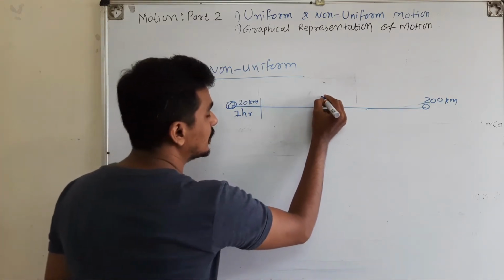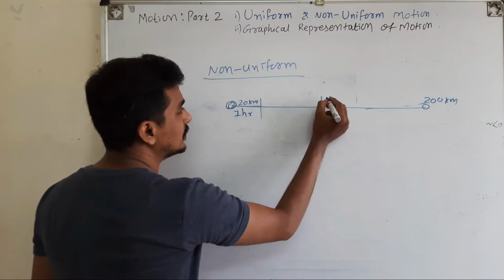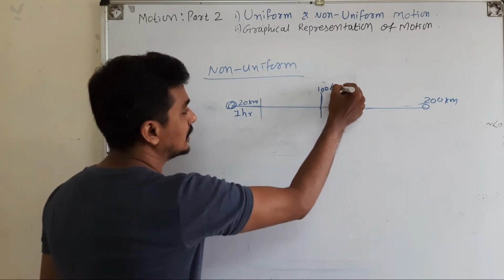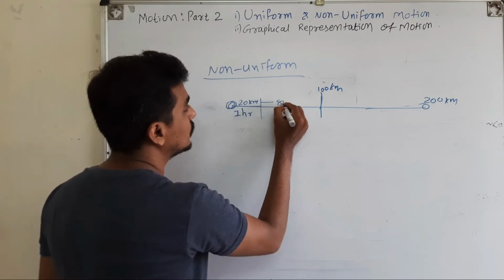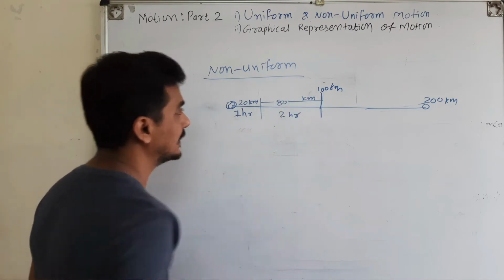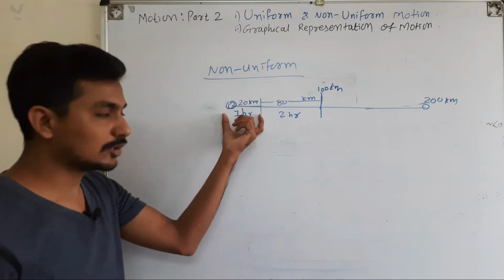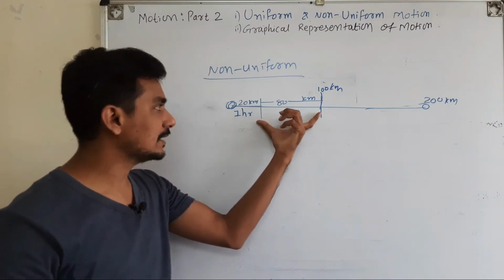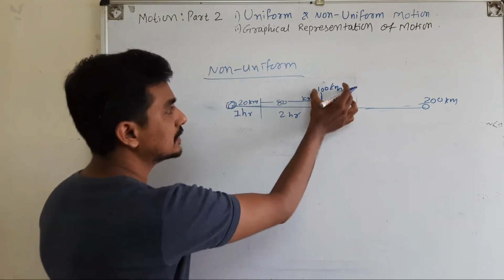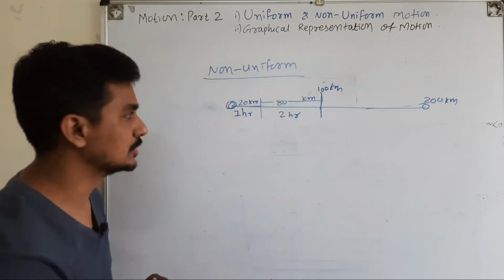On the highway you are covering this much distance. This is 100 kilometer, right? So you are covering a distance of 80 kilometer in the second hour. See, first hour 20 kilometer, second hour 80 kilometer. So the total distance covered in the 2 hours is 100 kilometer. So don't get confused here.